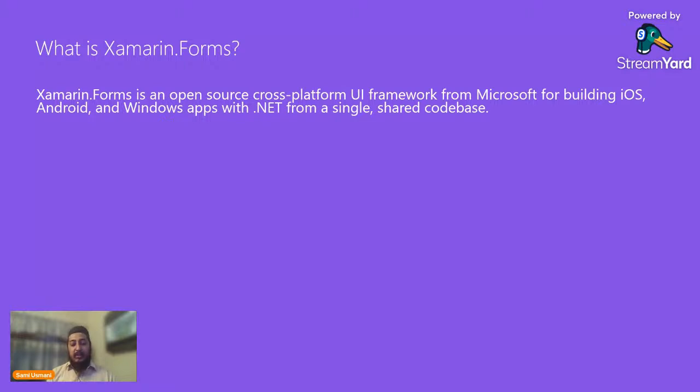So there came Xamarin.Forms. What is it? It is an open source cross-platform UI framework from Microsoft, and you can say it is the go-to platform for all developers who want to use a single, shared code base for their applications to be developed and released on iOS and Android devices.